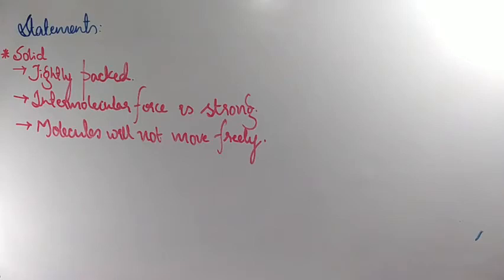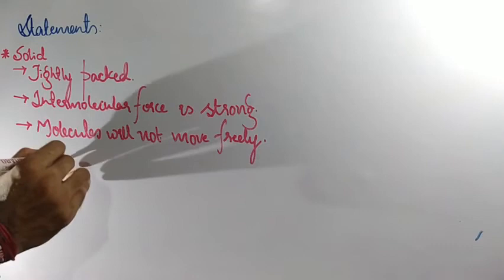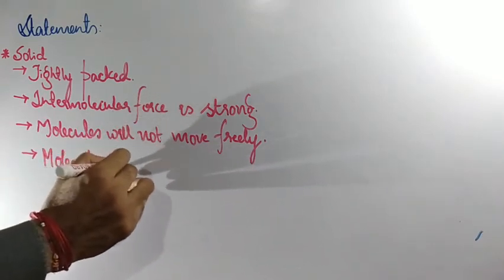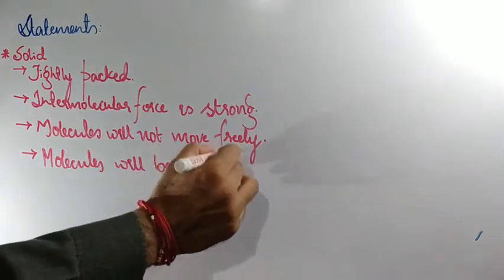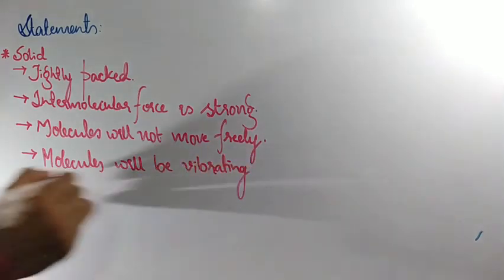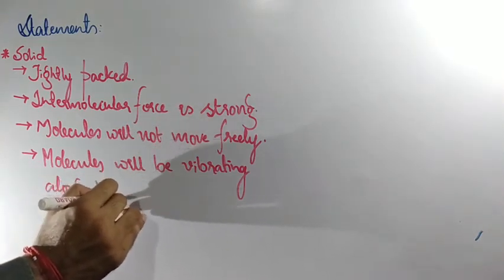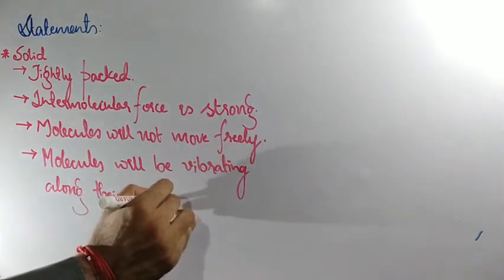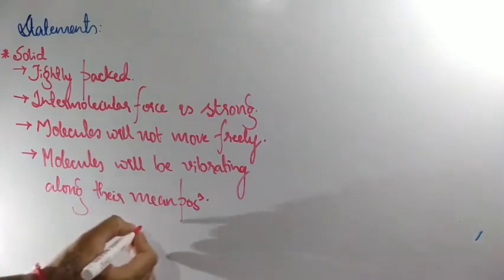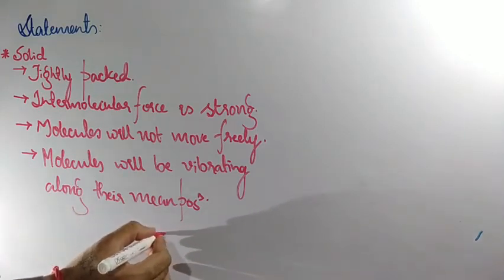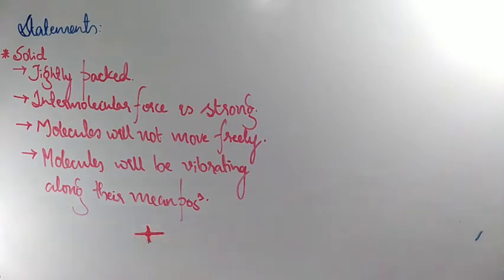Next, these molecules will be vibrating along their mean positions. Clear? Mean position means if the molecule was initially here, it will vibrate in this manner, and again this manner. This position is the mean position.